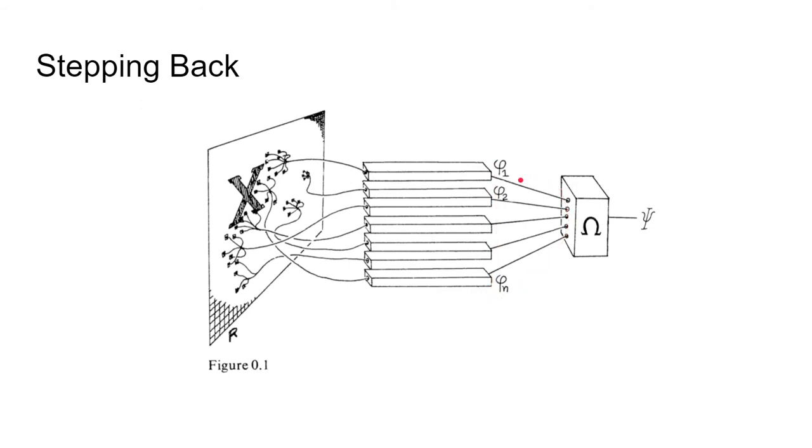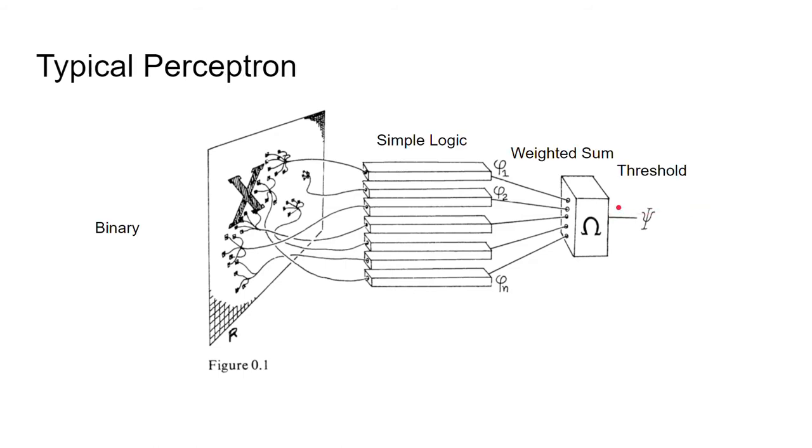Then you do a weighted sum of those features, applying some operation to produce your output. In the classic perceptron case, all of our raw input is just binary data. They were just photodetectors that could detect either bright or dark. That's all they were focused on.